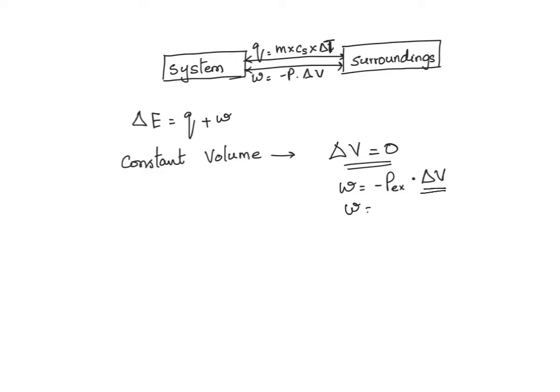So in a constant volume condition, work is always 0. Then delta E is completely only heat exchange and there is no work. So at constant volume, change in internal energy is all via heat and no work.